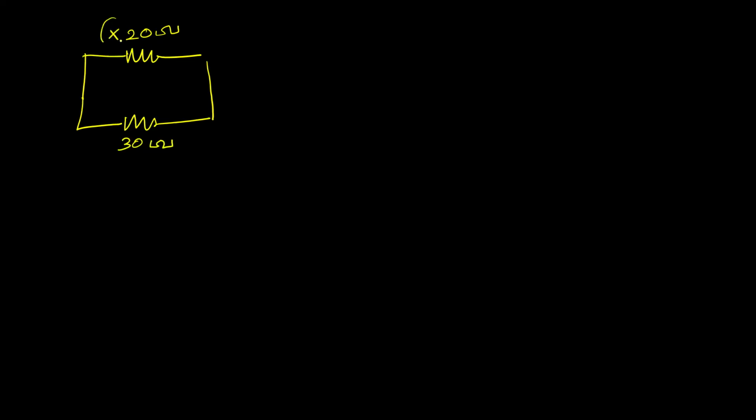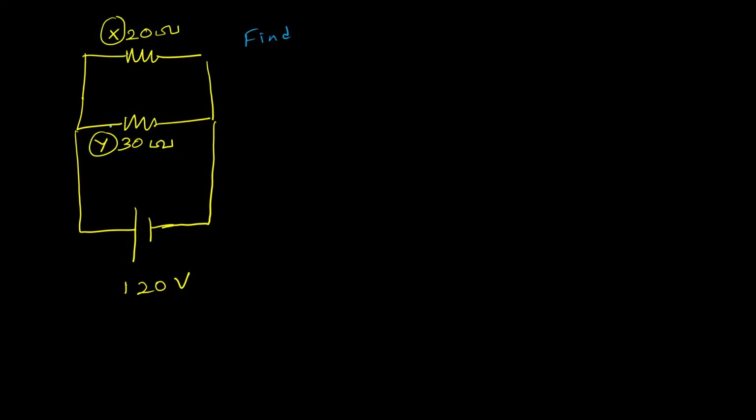Let's say this is X and this is Y. It is connected to a battery of 120 volt. Now the question is, listen to this carefully, find current at Y. You can say IY.